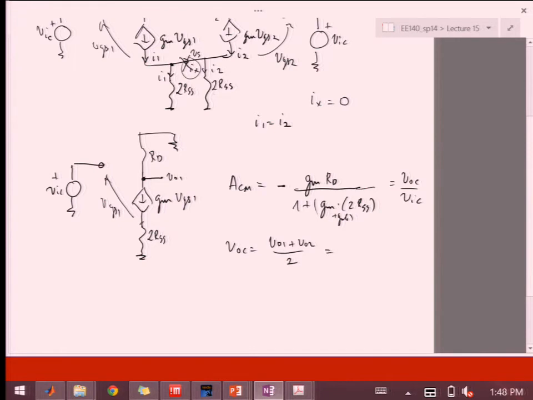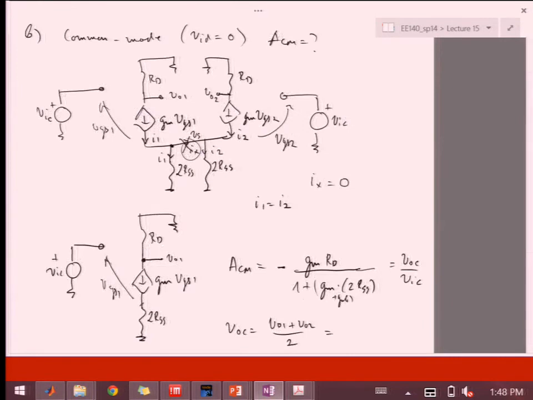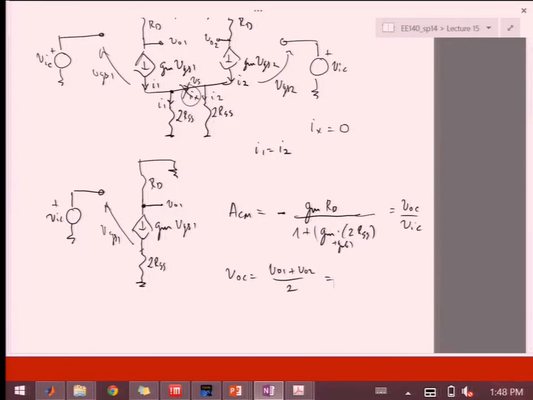In this case, VO1 is actually equal to VO2 because you have two identical subcircuits. The other half is the same; VIC drives the same identical circuit. So VO2 is equal to VO1, and their average is equal to both. So I can calculate just this gain, and it will be exactly the same. Okay, make sense?